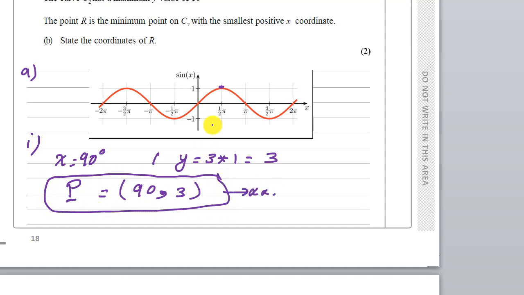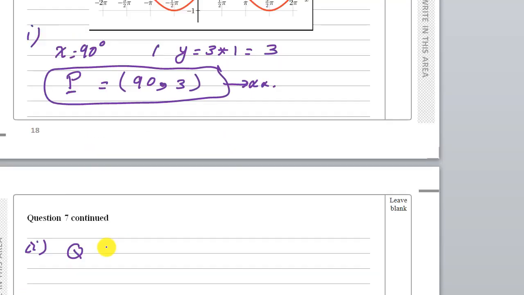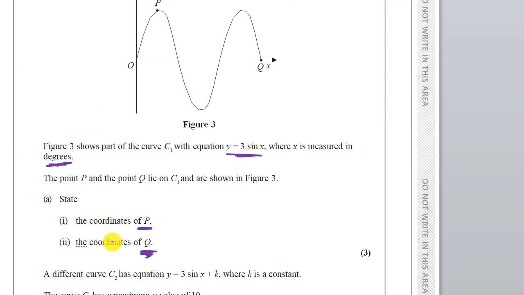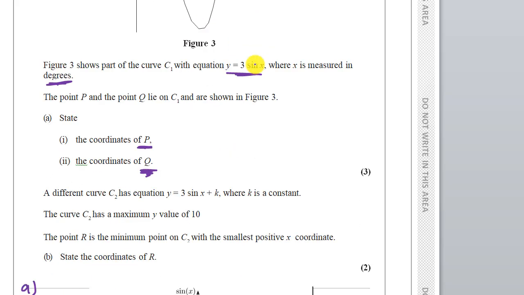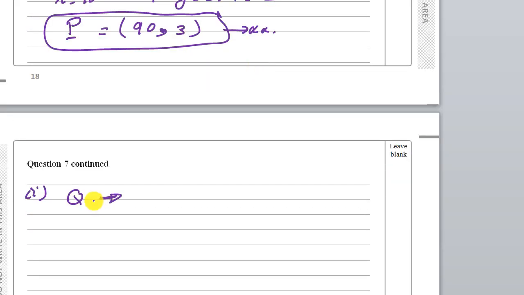Okay, now point Q. Let us go ahead to the curve. We have here this point pi, here 2 pi, here 3 pi. So point Q is equal to 3 pi.